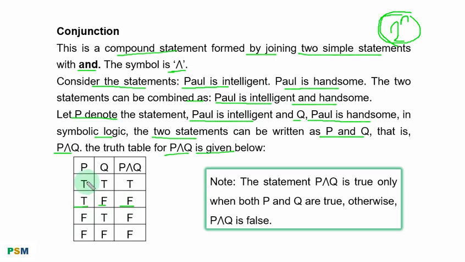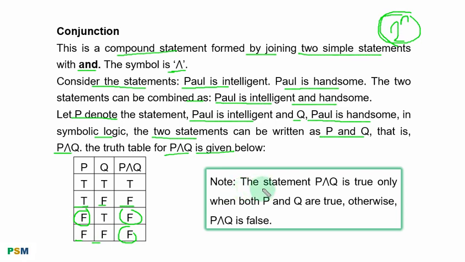The third one means Paul is not intelligent. Q, Paul is handsome. Because of the first one here, the outcome is false. The last one is Paul is not intelligent, Paul is not handsome. The outcome is false.